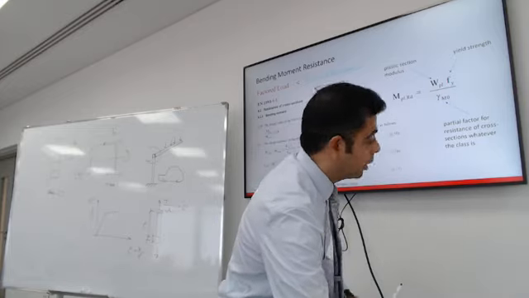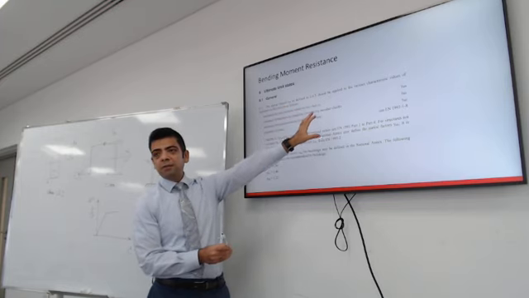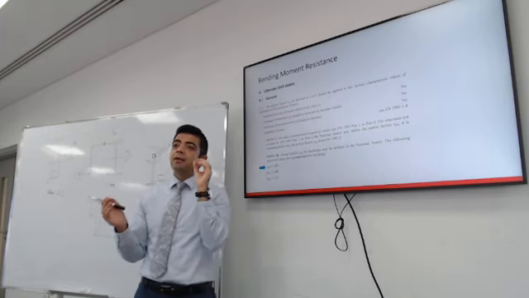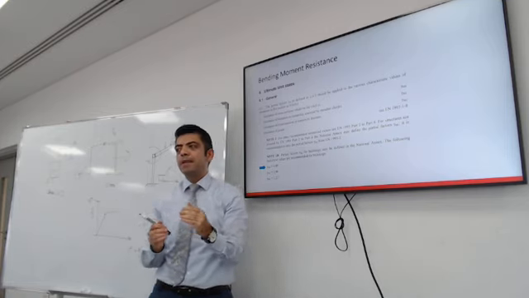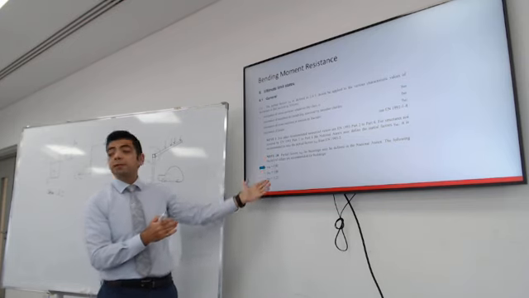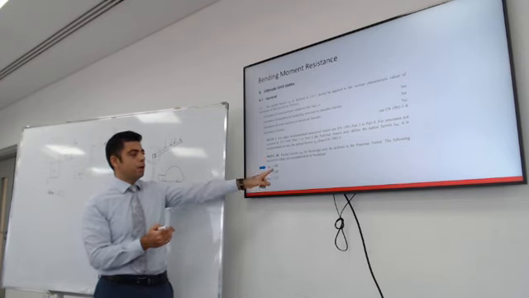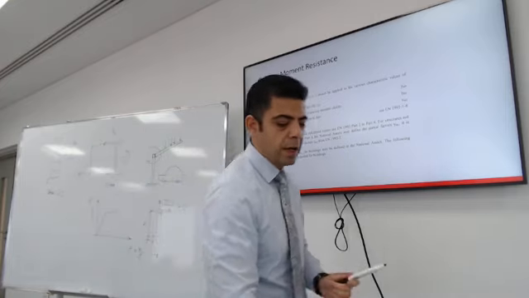So the code will tell you that this document is for the entire European Union, and each country can specify recommended values for them, and then it will give recommended values. It recommends that gamma m1 equals 1. So gamma m1, we're going to use it as 1.